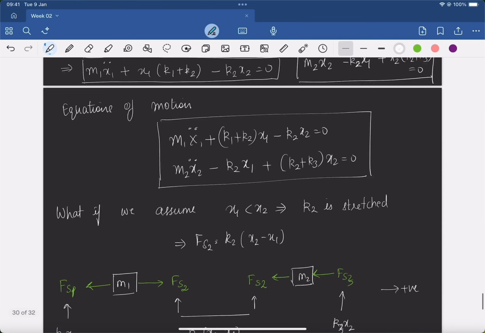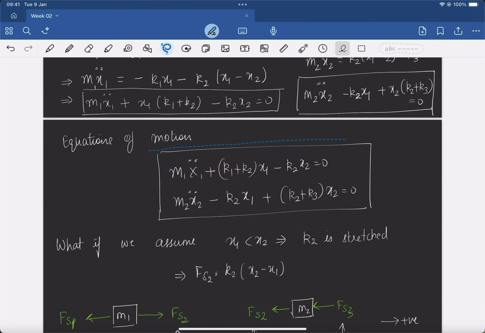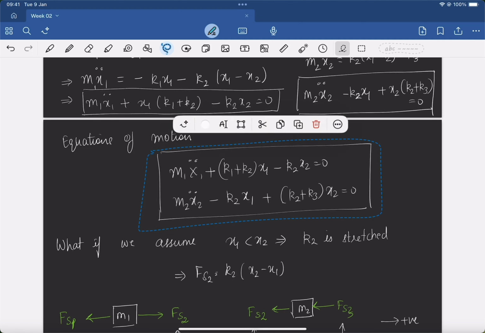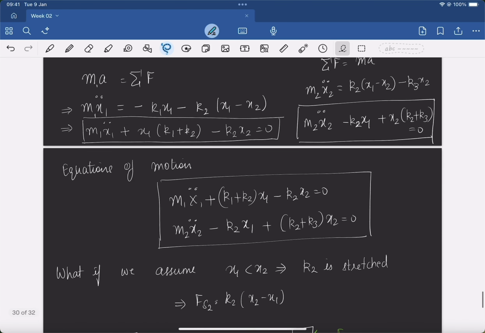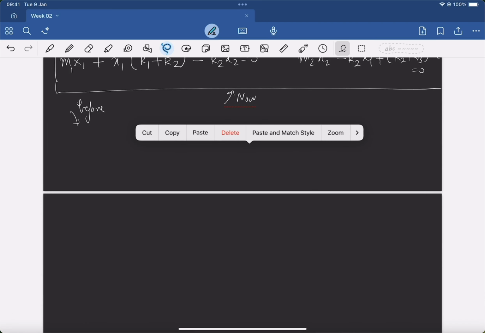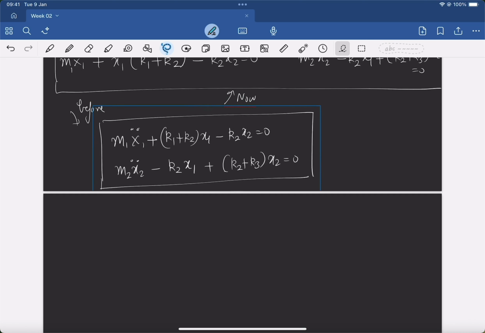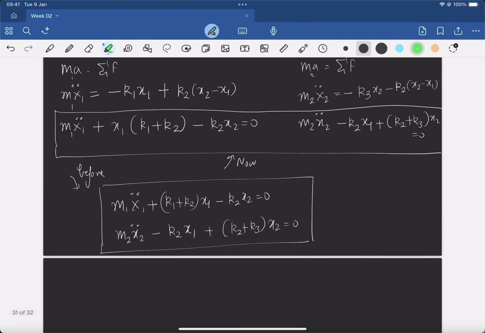So if you look at it term by term: m1 x1 double dot, (k1 plus k2) into x1 minus k2 x2; similarly m2 x2 double dot, k2 into x1, (k2 plus k3) into x2.